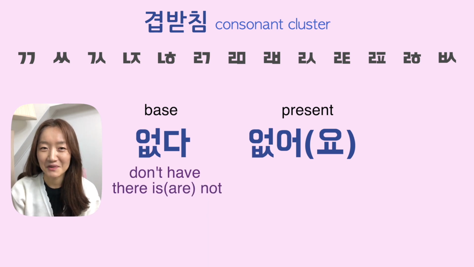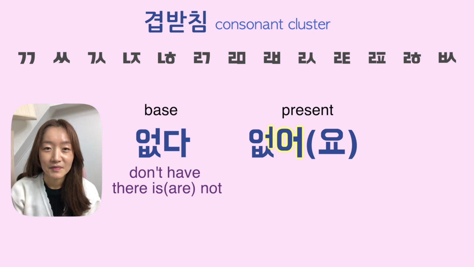We just learned 있다, I have. This is the opposite of it. I don't have. 없다. So 없다 means I don't have or there isn't, there aren't. We remove 다 and conjugate it to make the present tense. 없어. Yes, because the verb stem has ㅓ sound, so you need 어. Same 어 sound, right? 없어, I don't have.